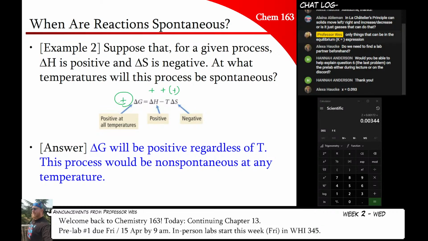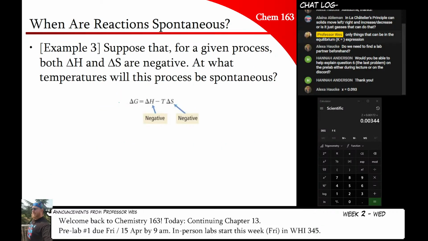For the next few, we're going to have a situation where these terms don't complement each other anymore. So if I have both the same sign, here's what happens. If I have a negative value for delta H and a negative value for delta S, this term right here is positive.